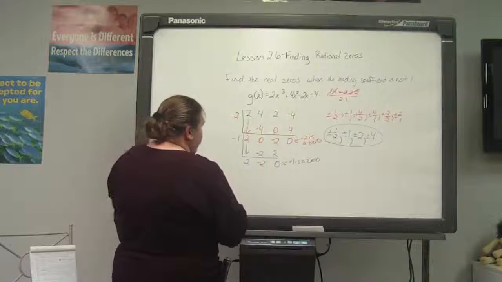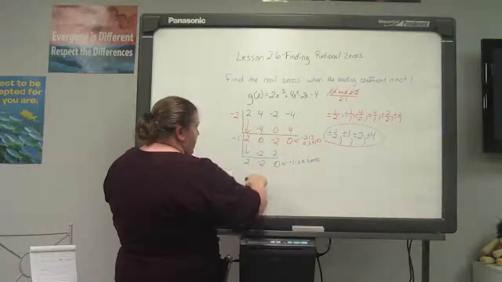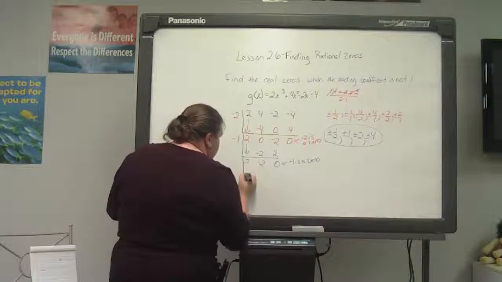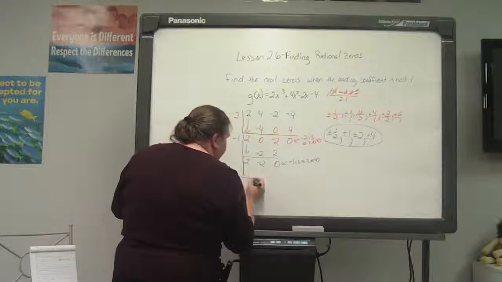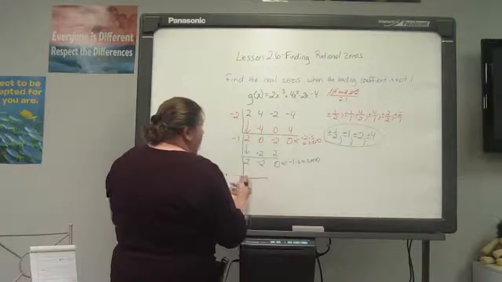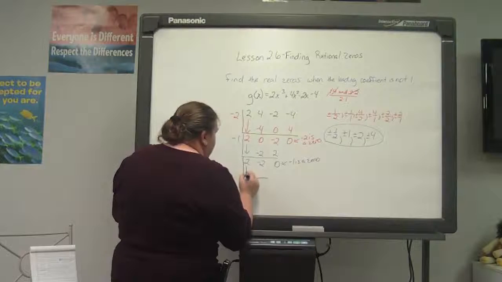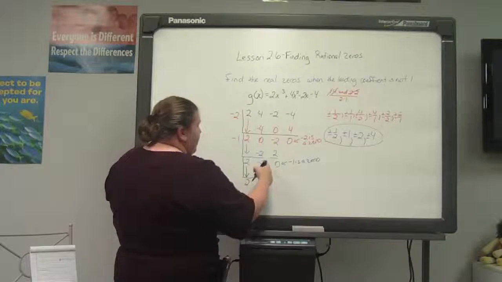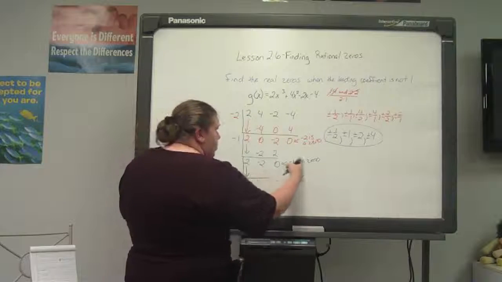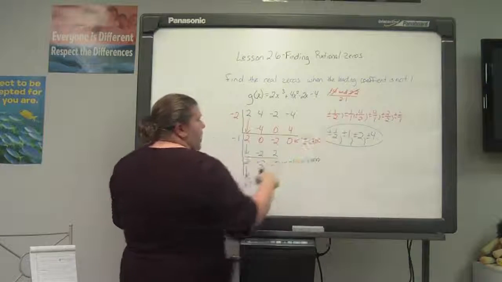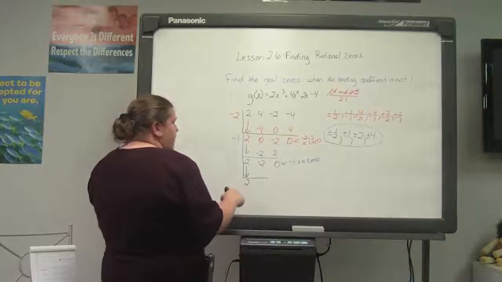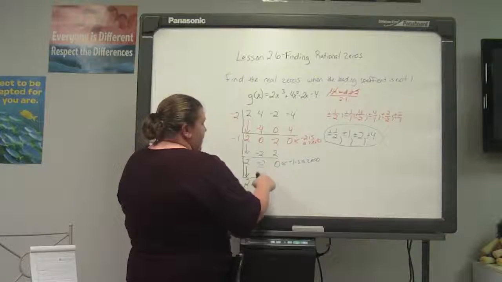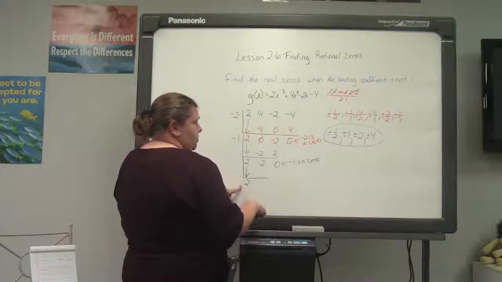And then the last one, again, because we want one number being left, we're going to use synthetic one more time. And what I do is I try to think, okay, well, I know this is going to be brought down, and I want this to cancel out. So I'm going to look at my possible rational zeros and see which one can be multiplied by 2 to get me a positive 2.